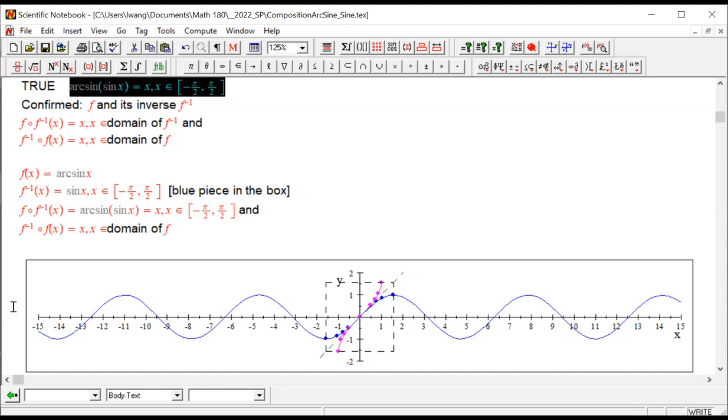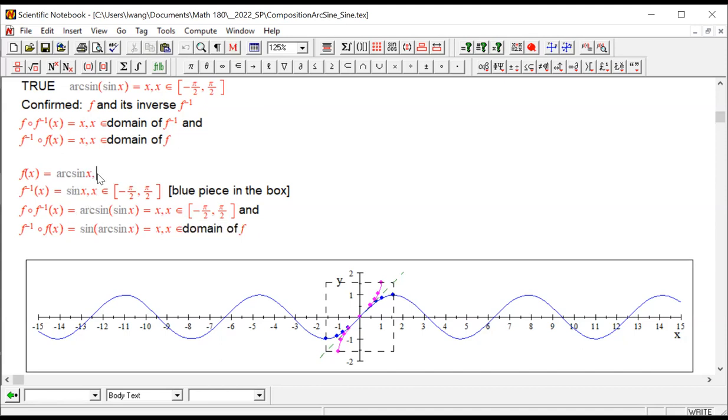That is true. The next one, F inverse of F, where F inverse is sine, so that would be sine of arc sine x, and x is from the domain of F. What is the domain of F?